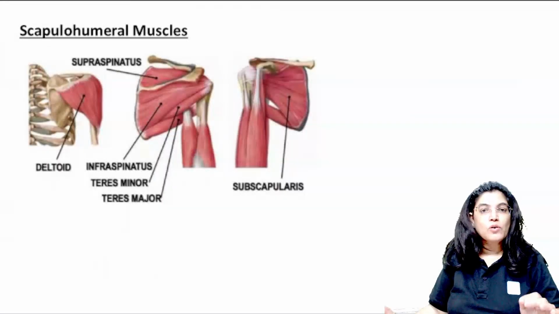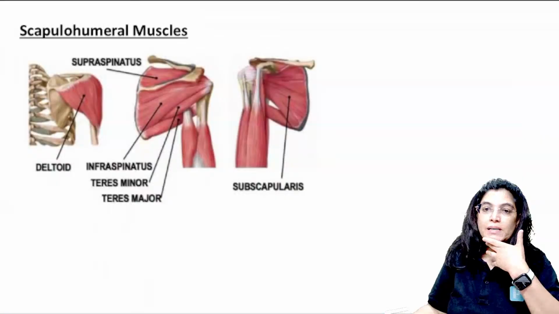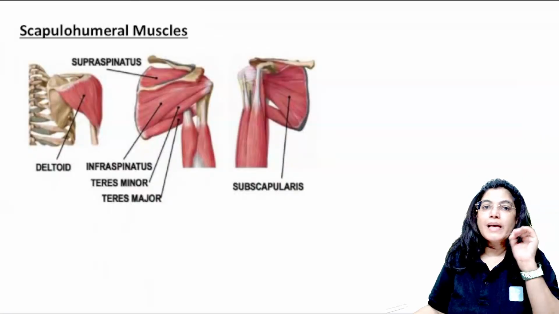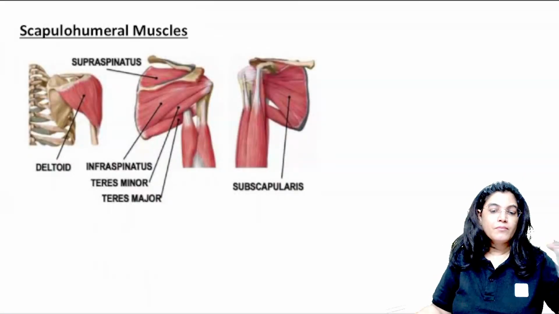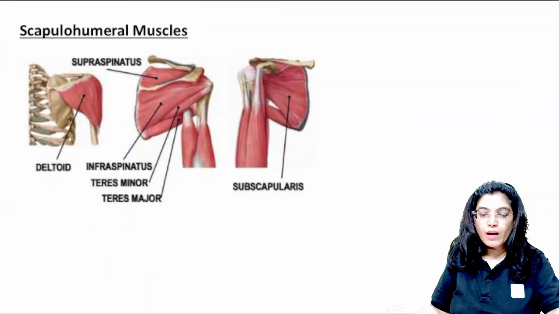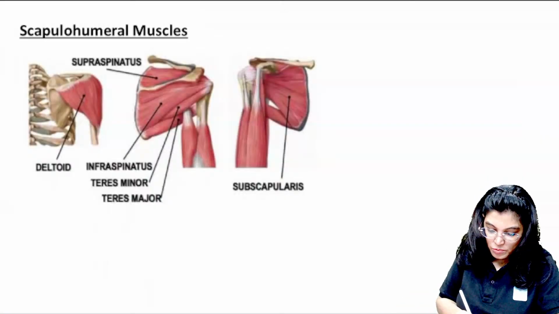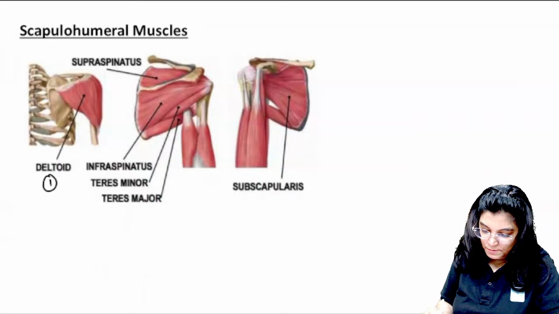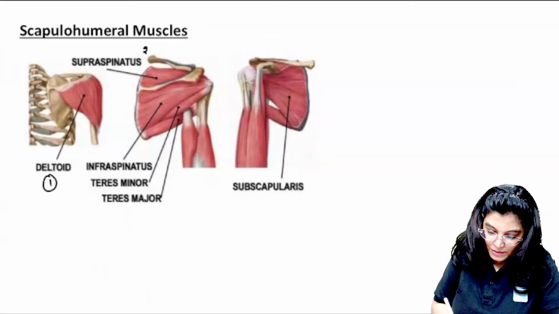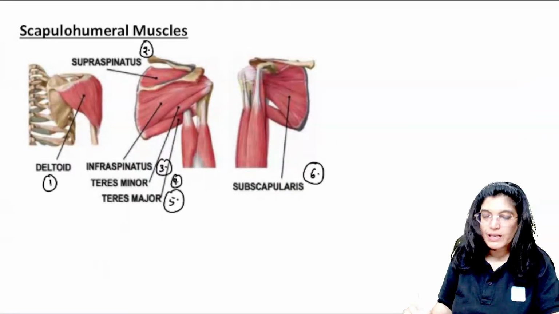Now the next group of muscles, after completing the list of posterior axioappendicular muscles, is the list of scapulohumeral muscles. The important scapulohumeral muscles are first the deltoid muscle, then supraspinatus, infraspinatus, teres minor, teres major, and also the subscapularis muscle.